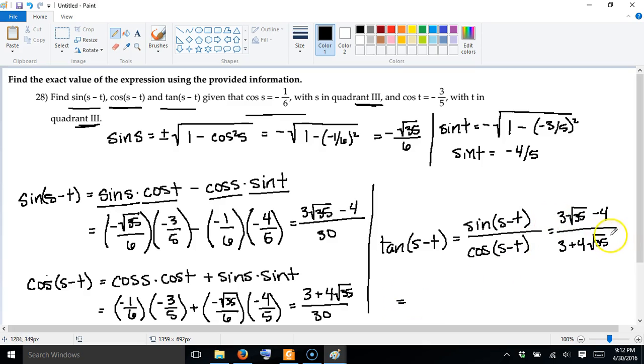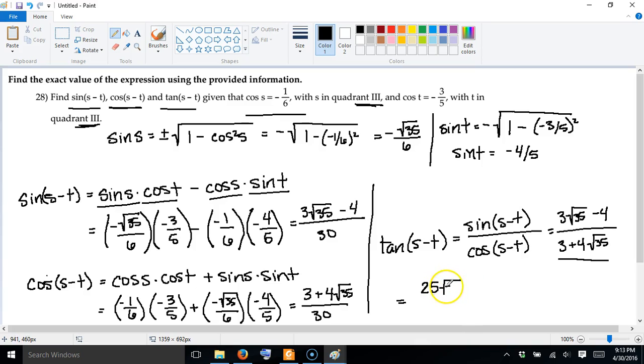The next step is to rationalize this denominator, and how you rationalize this denominator is by multiplying both numerator and denominator by the conjugate of 3 plus 4 square root of 35, which is going to be 3 minus 4 square root 35. And when you do that, I'm just going to state what it is. It ends up being this right here.